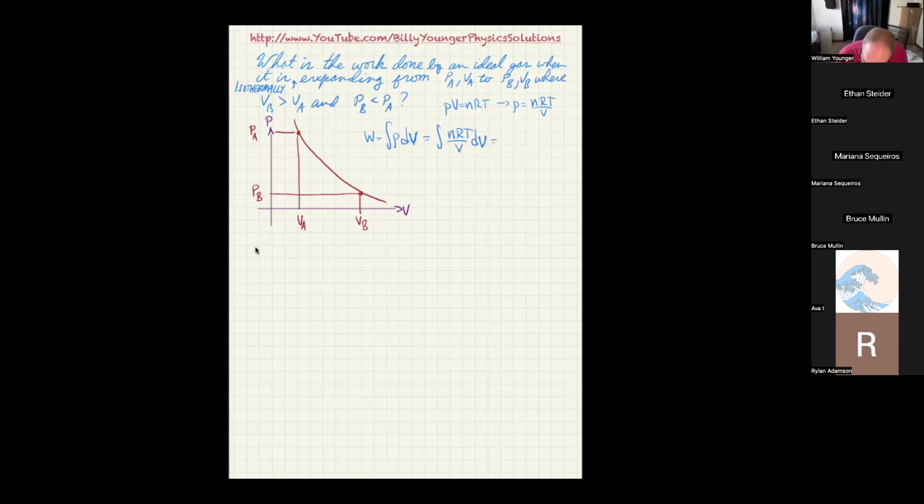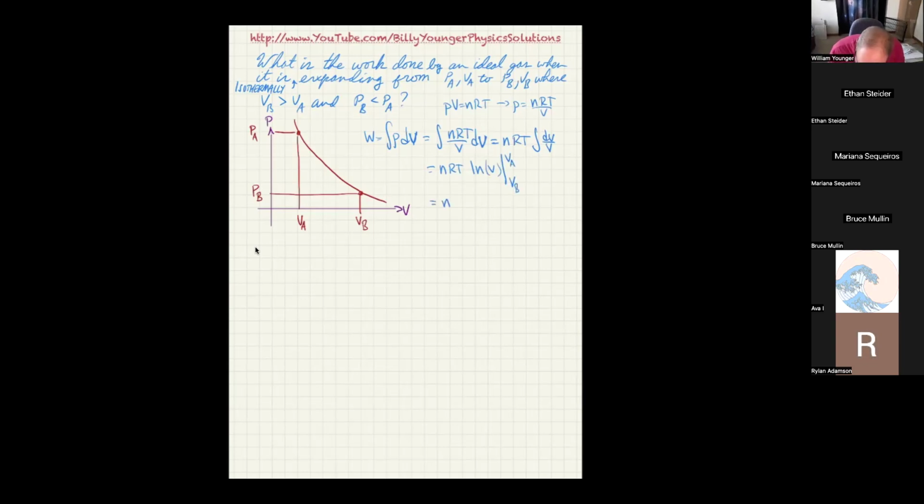But since it's isothermal, the n, the R, and the T, and we're also assuming it's a closed container, I can write the n, the R, and the T outside, and then I get the integral of dV over V, which equals nRT times the natural log of V, and that's going to go from VA to VB.